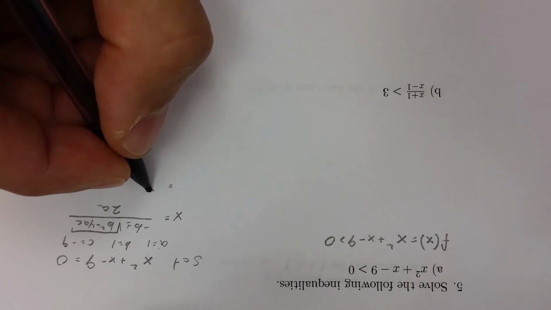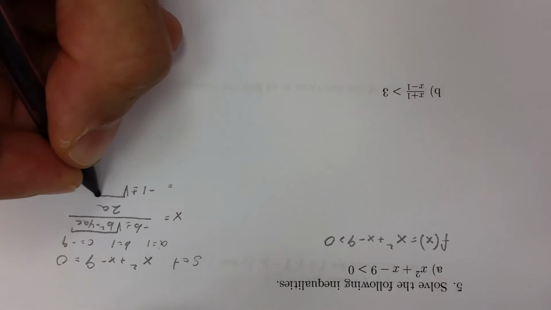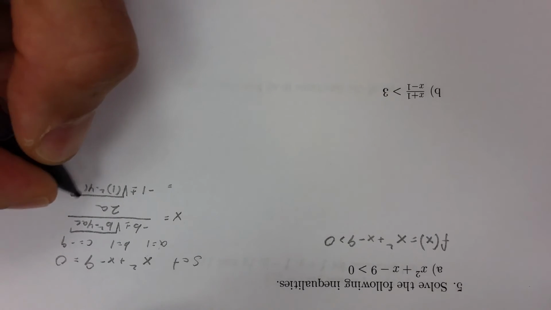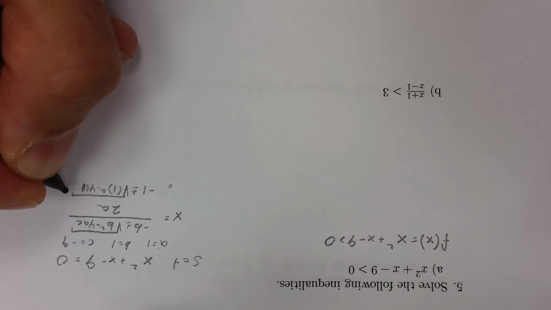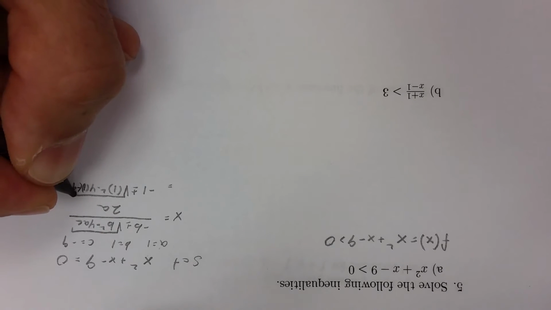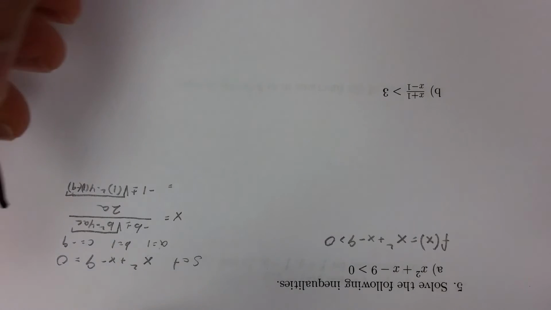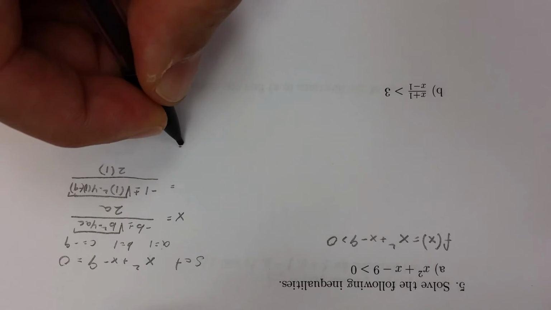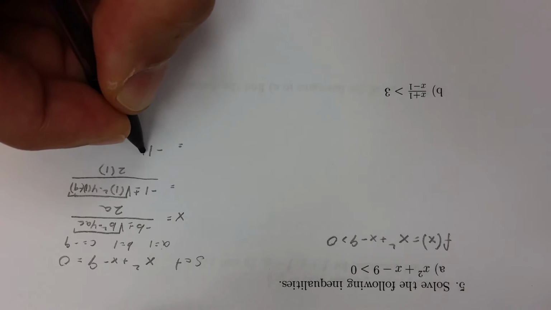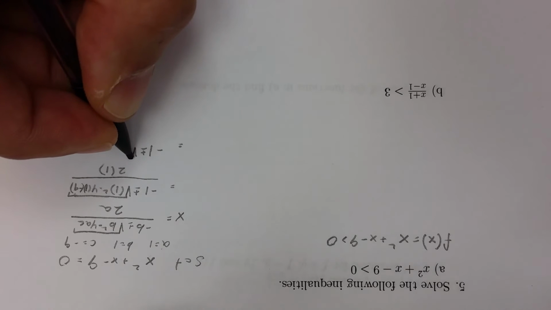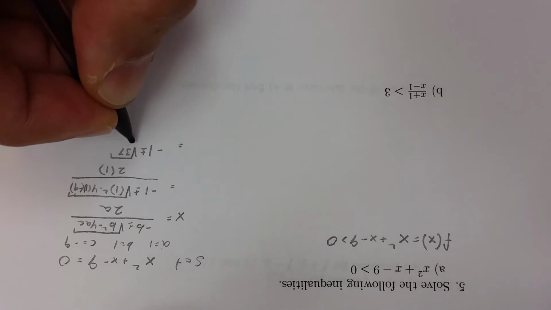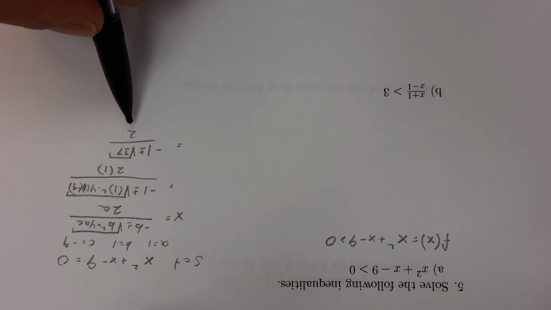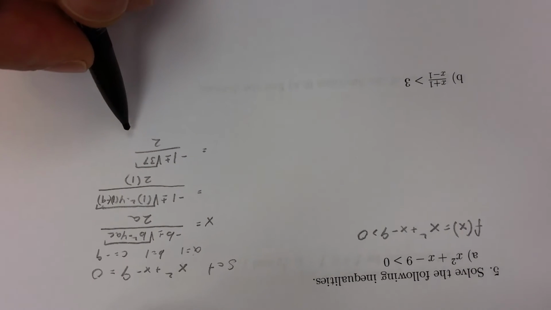So negative 1 plus or minus the square root of 1 squared minus 4 times 1 times minus 9. Make sure it stays underneath the square root symbol. All over 2 times 1. So that's minus 1 plus or minus the square root of 37 all over 2. Now let's mark those 2 points on a real number line.